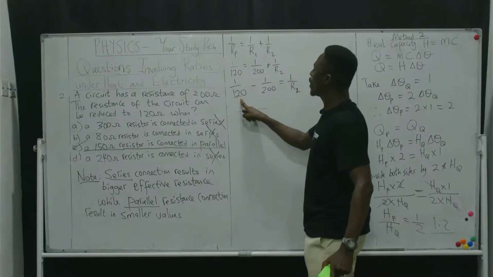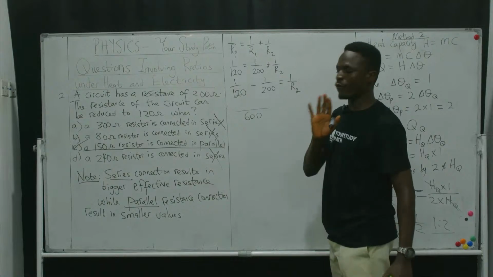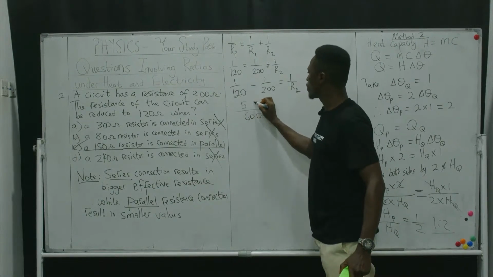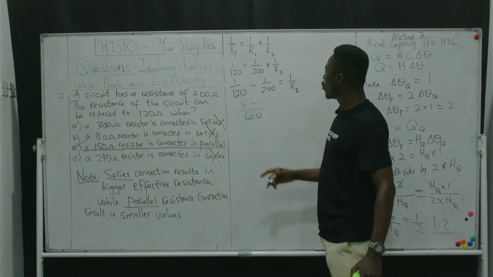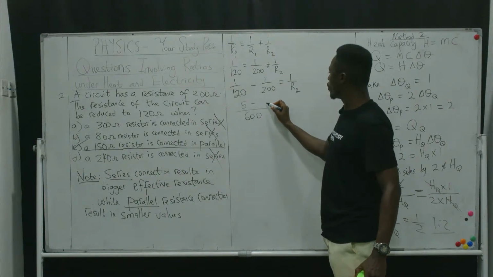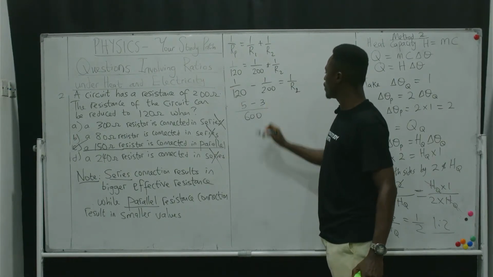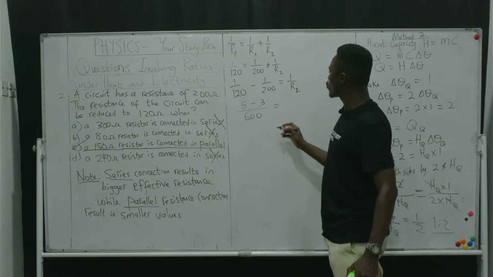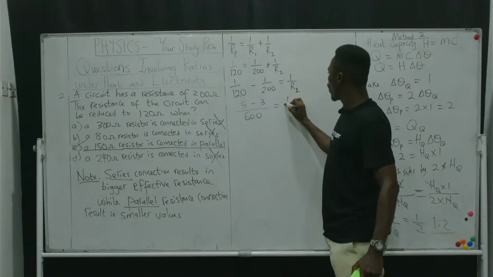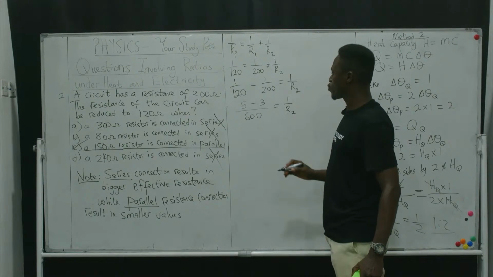We have that 120 will go in 600 5 times. Then minus, you have 200 will go in 600 3 times. Here, equal to 1 over R2.